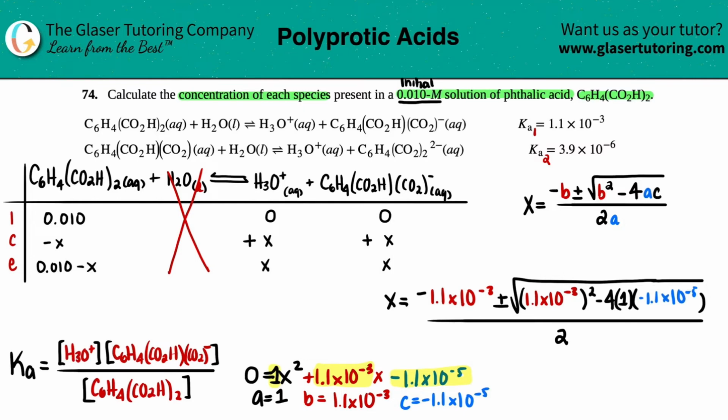I'm going to say 1.1 times 10 to the negative third squared. Then I'm going to say 4 times a negative 1.1 times 10 to the negative fifth. And then I'm going to take that answer and say minus that answer. Okay, so I'm going to erase all of this. I just wanted to show you guys. So we're getting closer.